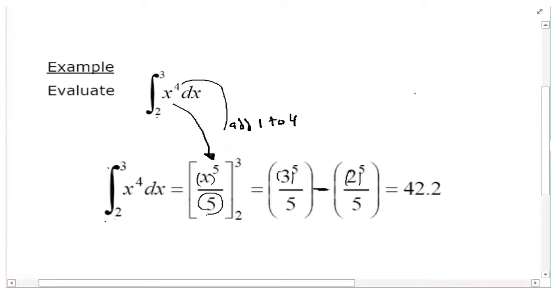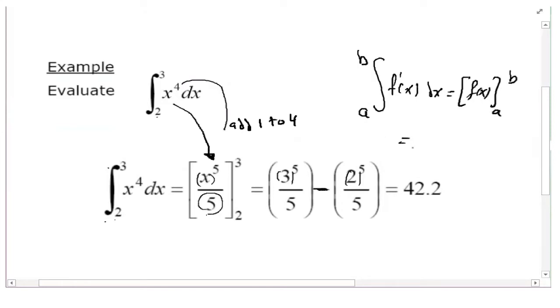between them. As we know, if you are finding the integration from a to b of the derivative of a function, f prime of x dx, it's equal to the function evaluated from a to b, which is equal to the function at b minus the function at the point a.